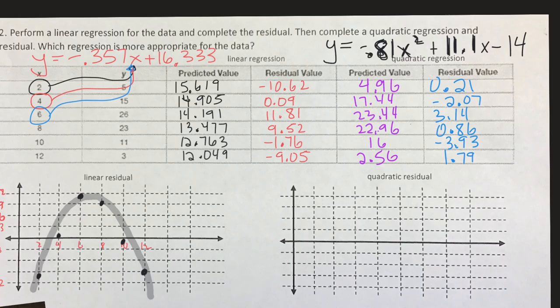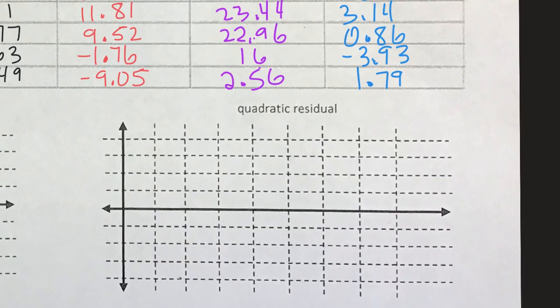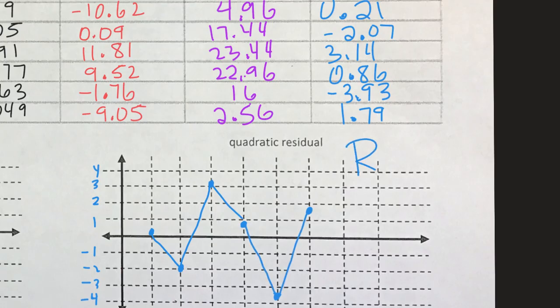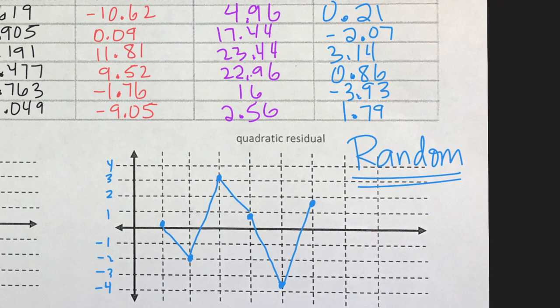So now we're going to plot these blue residuals for your quadratic. We're going to plot it here on this grid, and we're going to see if there's a pattern to it or not. So there's a plot of my residuals. If I were to connect these, we don't see any smooth looking pattern. This is a pretty random distribution of residuals, which means our equation is pretty appropriate.